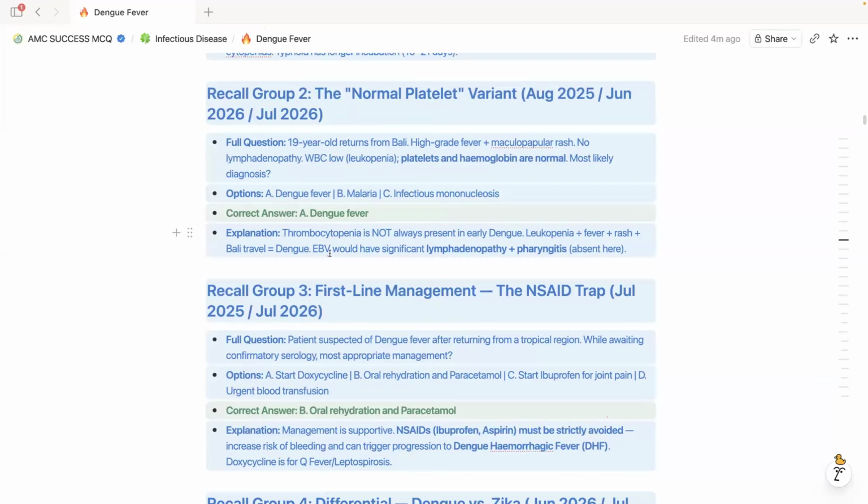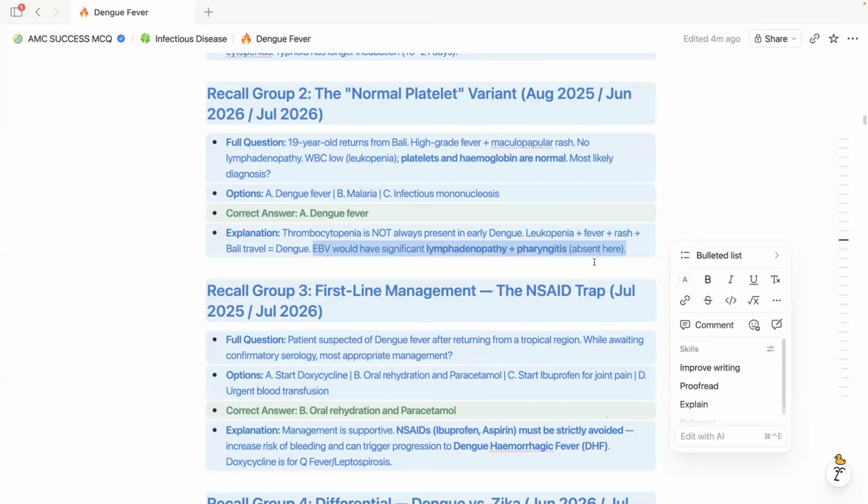EBV would have significant lymphadenopathy with pharyngitis, which is absent here. There was an EBV option in this question in April this year, and we were so confused about EBV and dengue. So now this is a very good point to know.